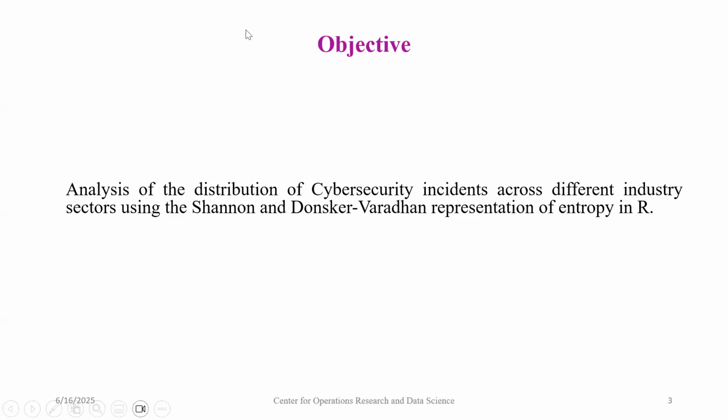Now, when we talk about the Donsker-Varadhan theorem, it is a fundamental result in large deviations theory, and it is often used particularly concerning the rate function for empirical measures of Markov processes.